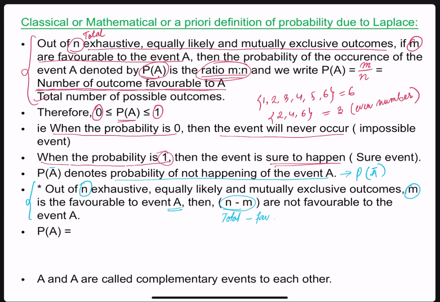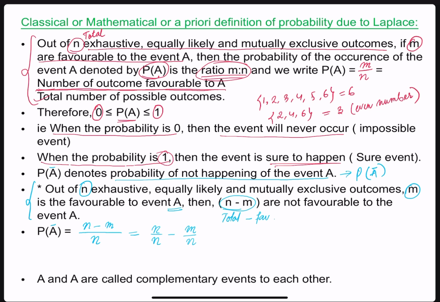So the probability of not happening is given by the not favorable outcomes of an event. Not favorable outcomes is n minus m. The total outcome is n. So we have (n minus m) by n.